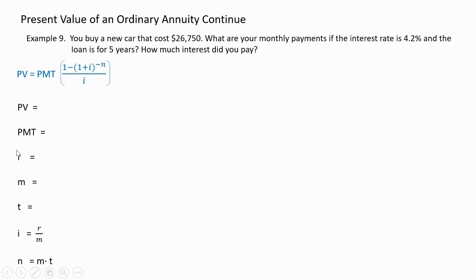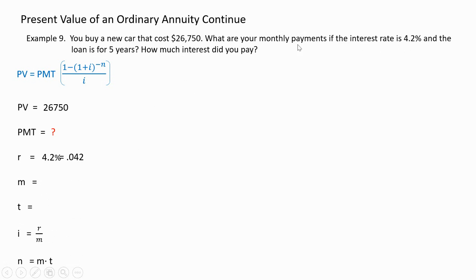You see there's 1, 2, 3, 4, 5, 6, 7. So let's see what we're looking for. We're looking for the monthly payment, so we're looking for the payments. The present value, how much money you want to borrow from the bank, will be $26,750. The interest rate will be 4.2%, so it's going to be 0.042.